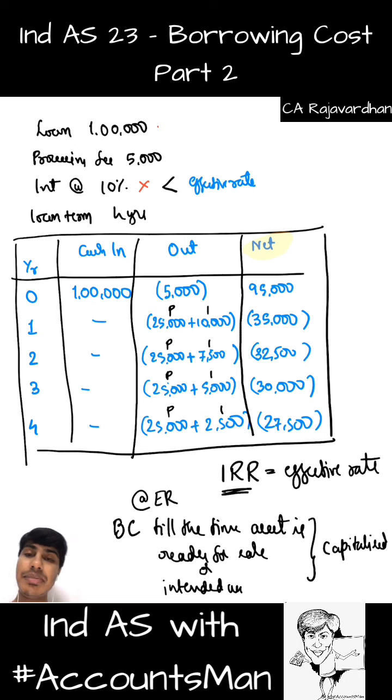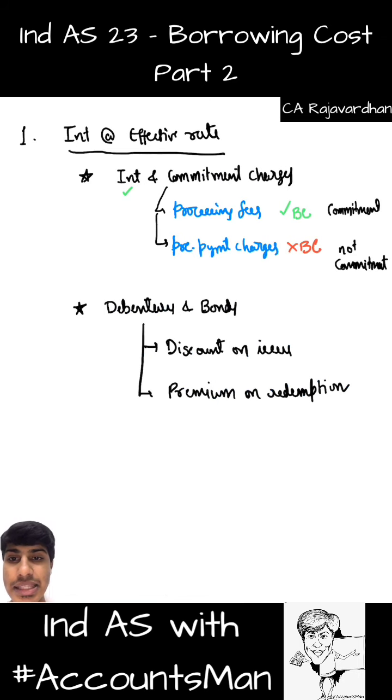What do you mean by capitalized? Meaning it will be added to the cost of the asset. I hope you understood this part, what I'm talking about, the interest and commitment charges.